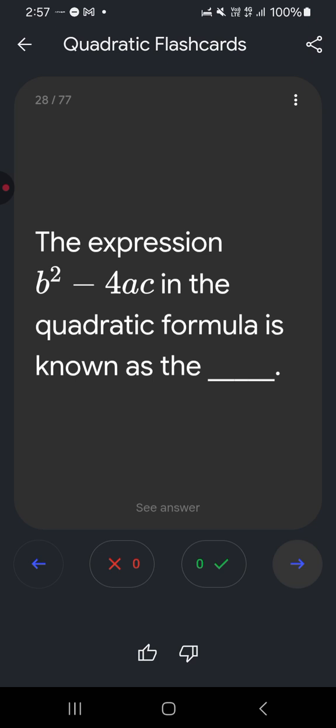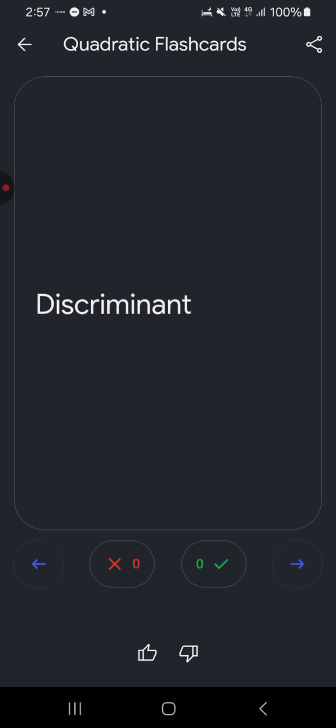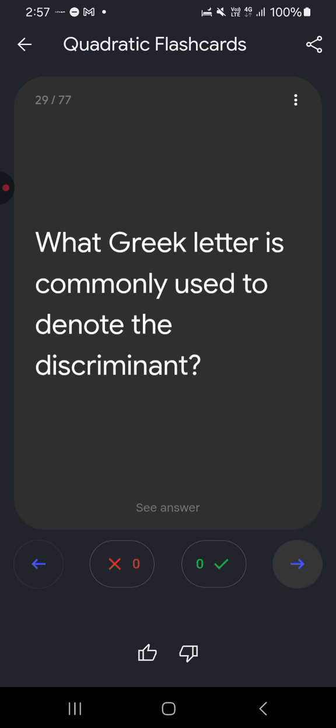The expression b square minus 4ac in the quadratic formula is known as. It is known as the discriminant. What Greek letter is commonly used to denote the discriminant?